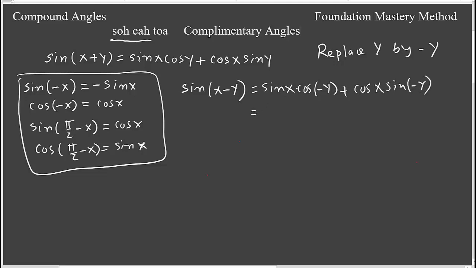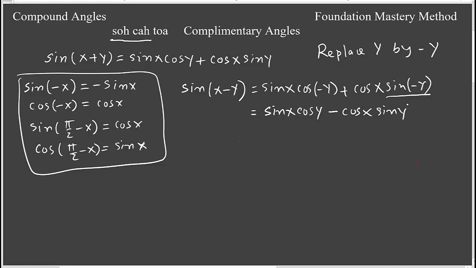Now we know cosine negative y is cosine y, so we get sine x cosine y. Sine of negative y gives a negative sign, so it will be minus cosine x sine y. So we got the second formula.